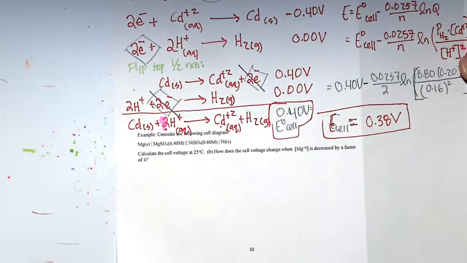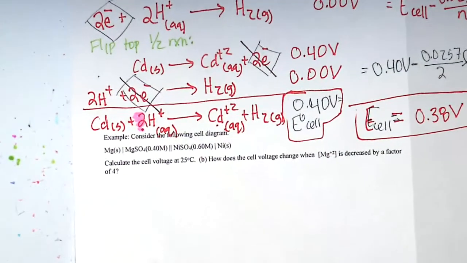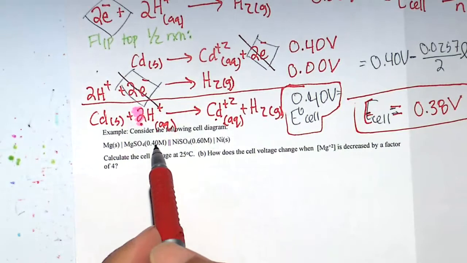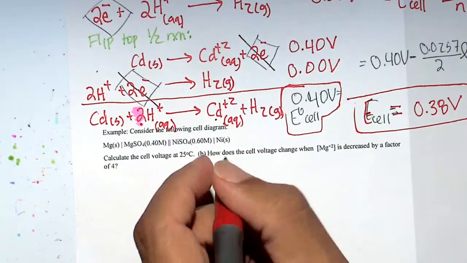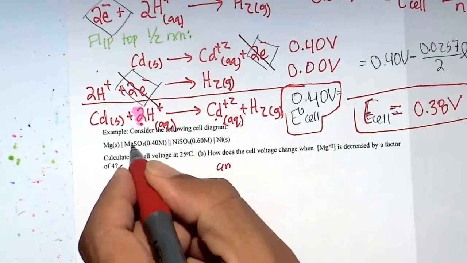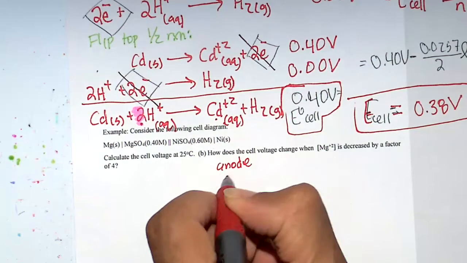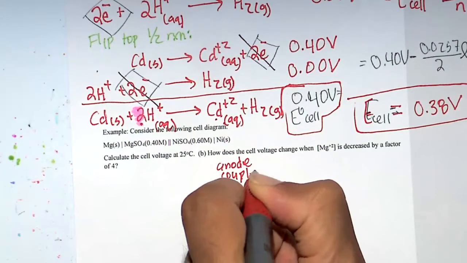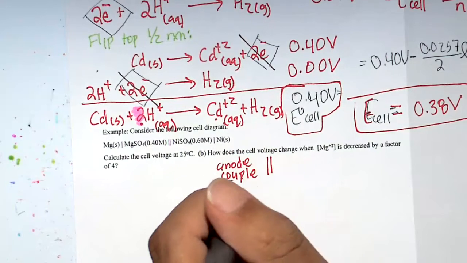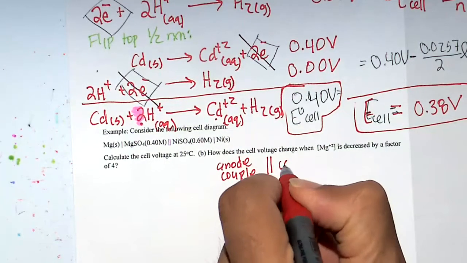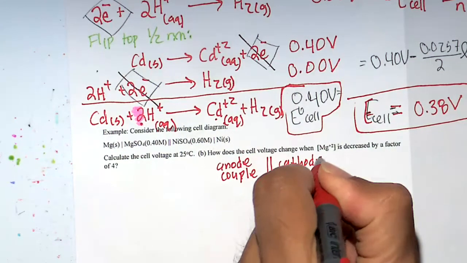Let's go ahead and do this problem here. Consider the following cell diagram. Let's not forget that the way this thing works is an anode couple. We put two lines that represents a salt bridge, and then we follow it with a cathode couple.